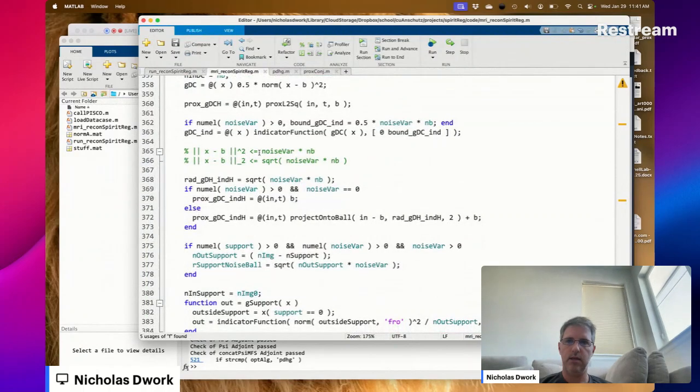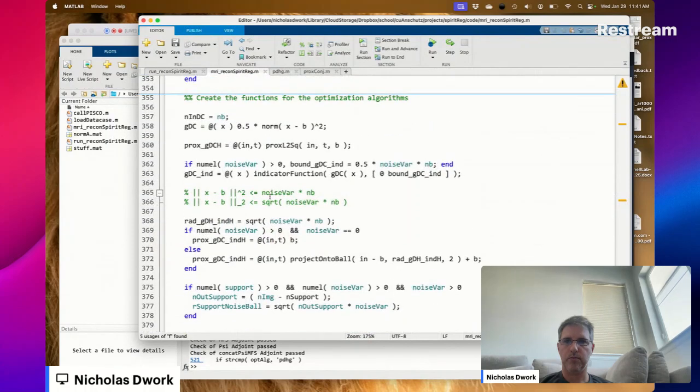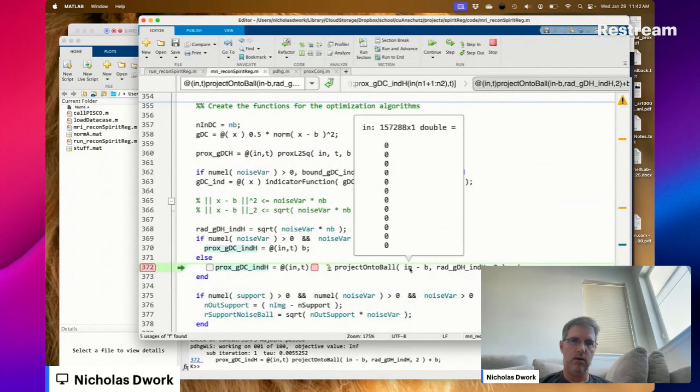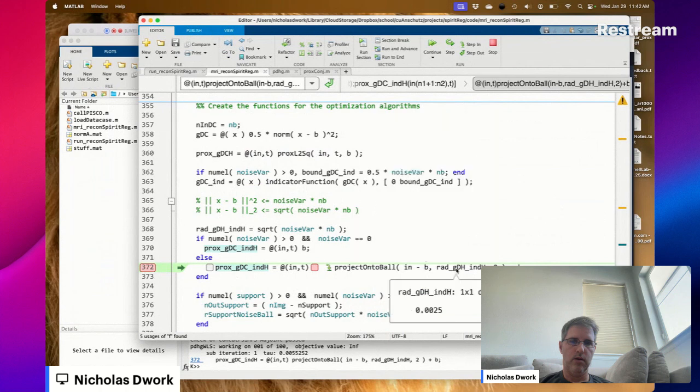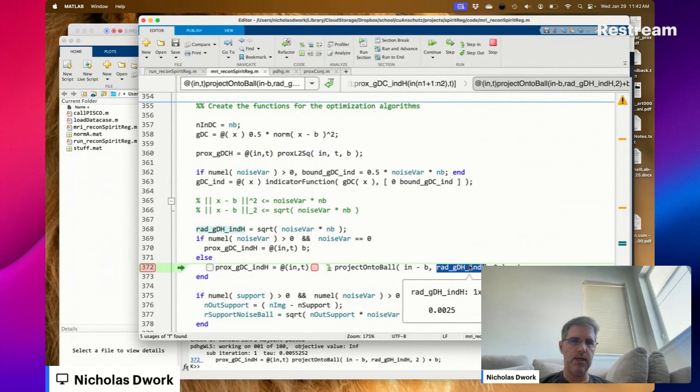Where's the projection? Okay. Create the functions for the optimization algorithms. Where's the proximal operator of this? Project onto a ball. That seems pretty big. Times 10 to the 3?